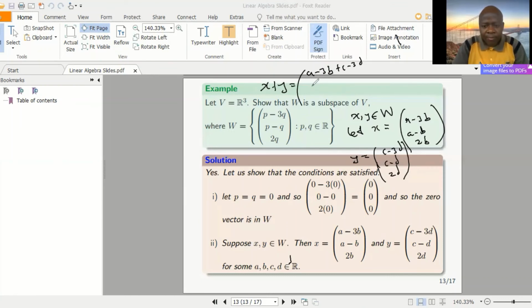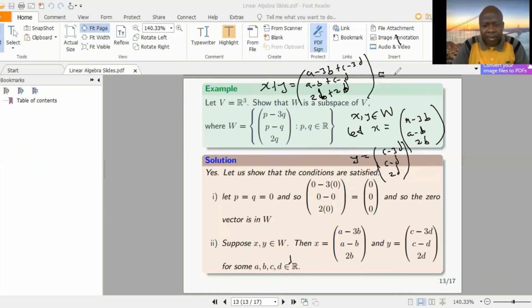And this other one will be m minus b plus c minus d. And this other one will be 2b plus 2d. Let me just begin with those of x and then followed by those of y, that I maintain.